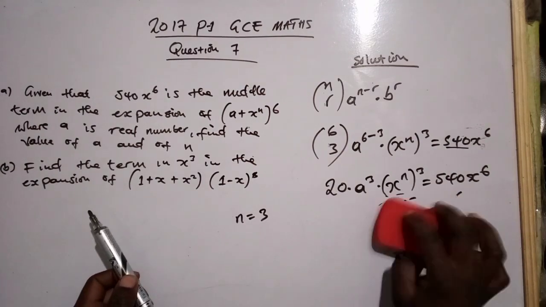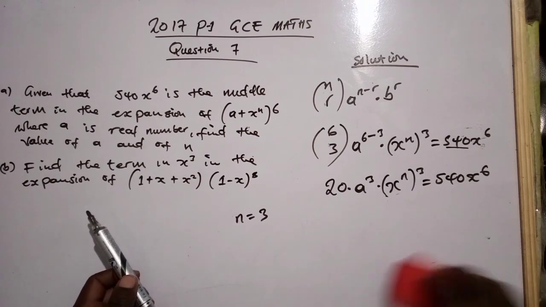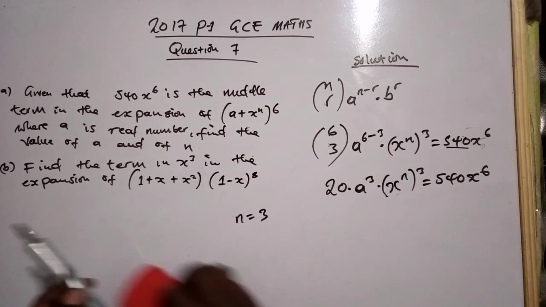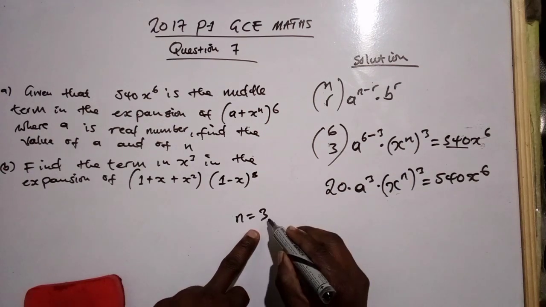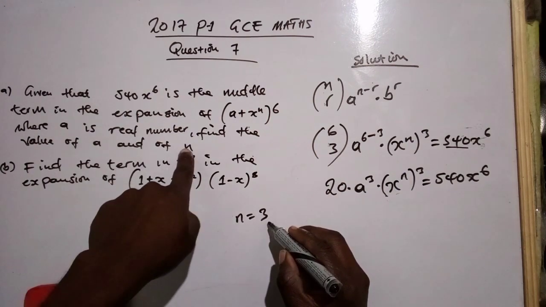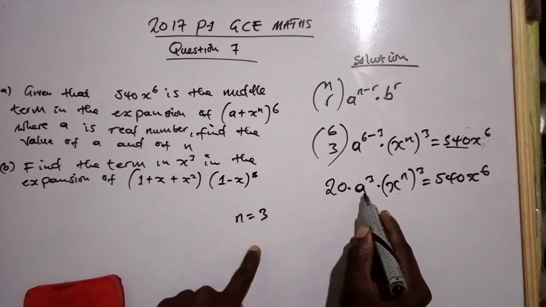Now, since we have found that n is 3, we are going to substitute where there is n with 3. We have found the value of n already, so now we have to find the value of a.